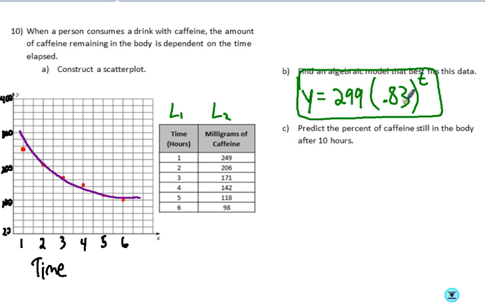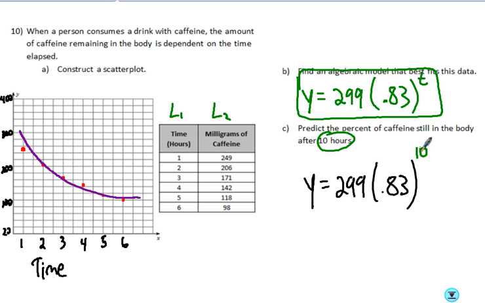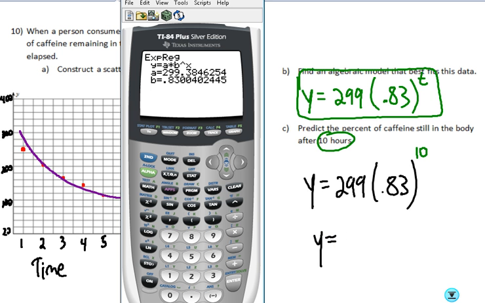And then we're making a prediction about the future. How much caffeine would still be in the body after 10 hours? Well, I'm just going to take the equation that I just came up with, 299 times 0.83, and raise that to the 10th power because we're saying 10 hours. So let's throw that back into the calculator.